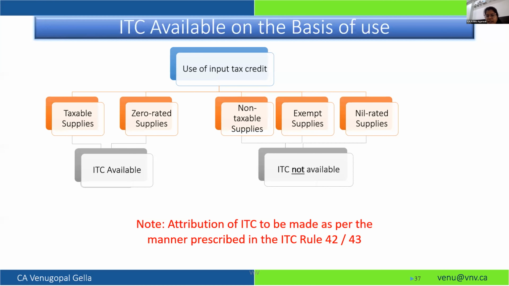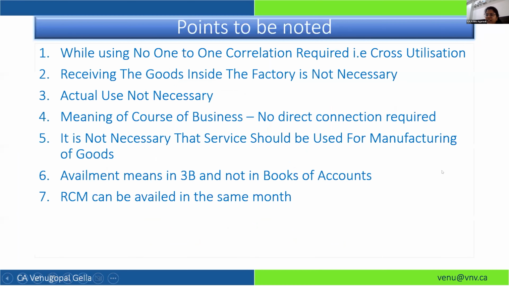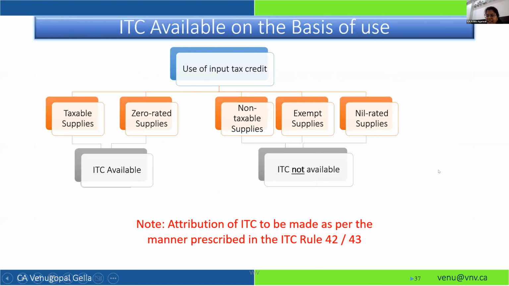In those cases, you are eligible for 100% ITC. There is no disallowance. However, if that input credit, or that service or goods, has been procured for non-taxable, exempt, nil rated, no GST supplies, because you are not paying any tax, accordingly ITC will not be eligible for the same.